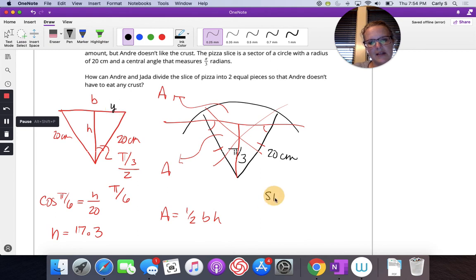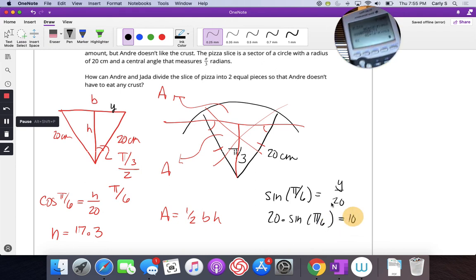So that's sine of pi over 6 equals opposite over hypotenuse, y over 20. 20 times sine of pi over 6, times 20 is 10.